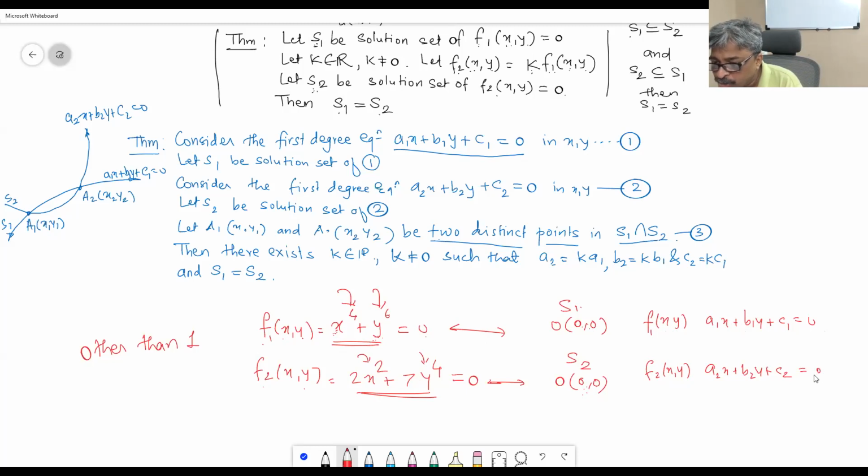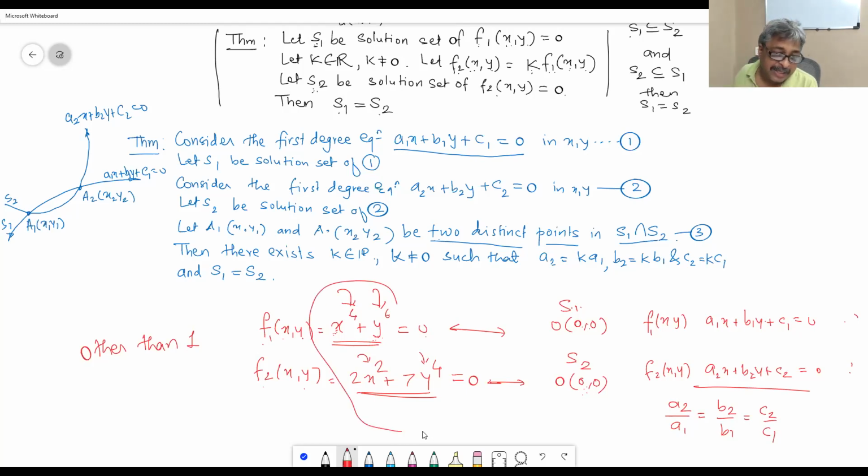But if the solution sets are same, as if S1 is equal to S2, then indeed A2 upon A1 is going to be equal to B2 upon B1 is equal to C2 upon C1. A situation like this will never happen in linear equations in X and Y.